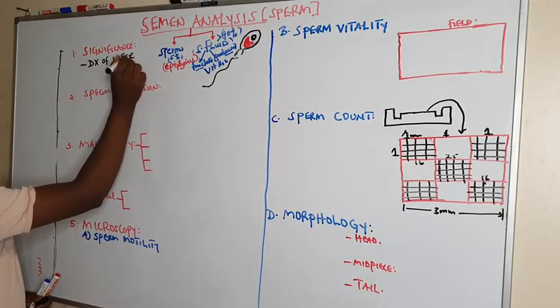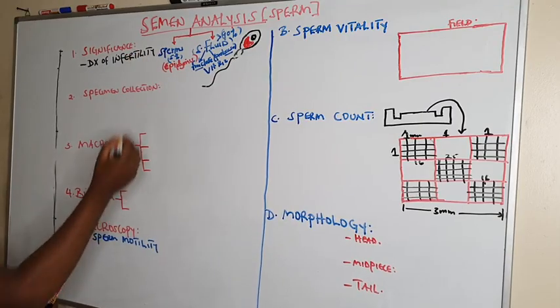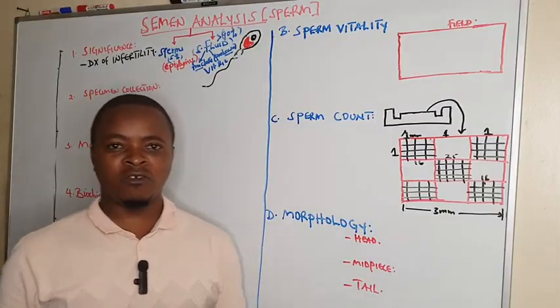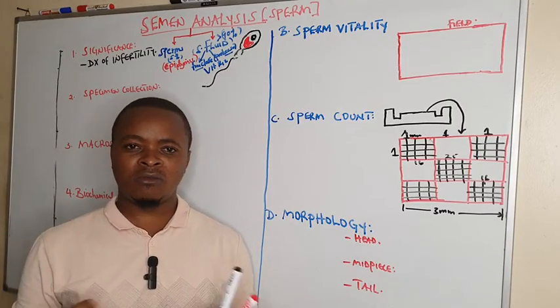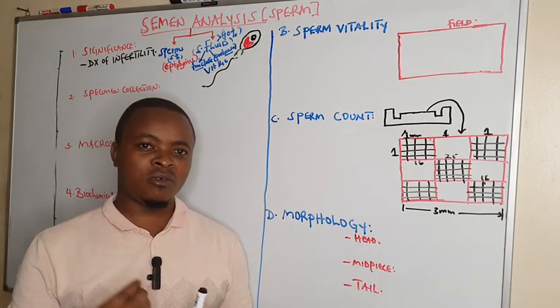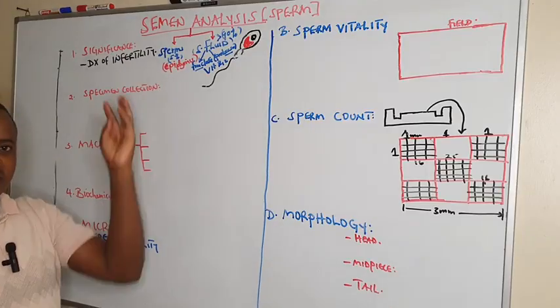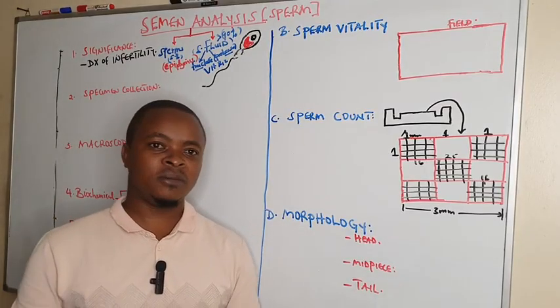If we want to rule out male infertility, maybe after marriage, it is 1 year, 2 years, you're not getting your woman pregnant, and maybe after the lady has done all the scans and hormonal tests, they are normal, we can request the male to bring sperms to assess the quality and motility and other things which can cause infertility.